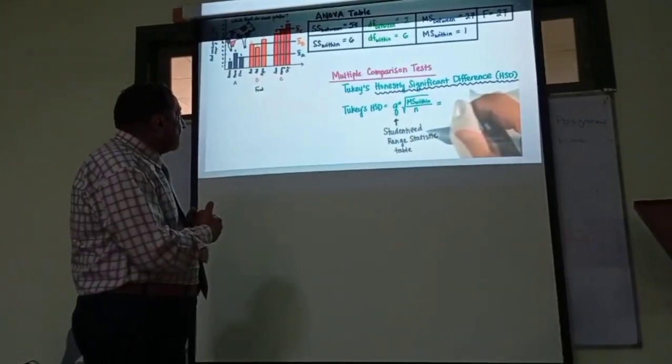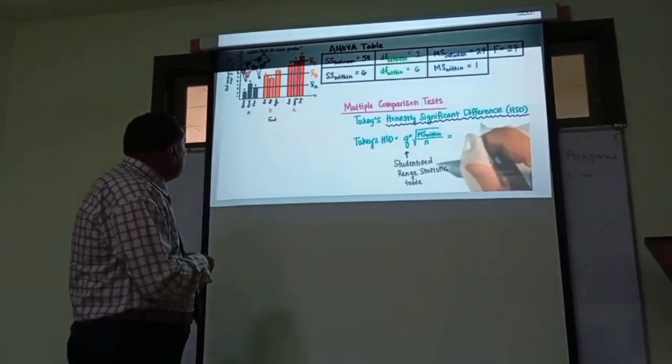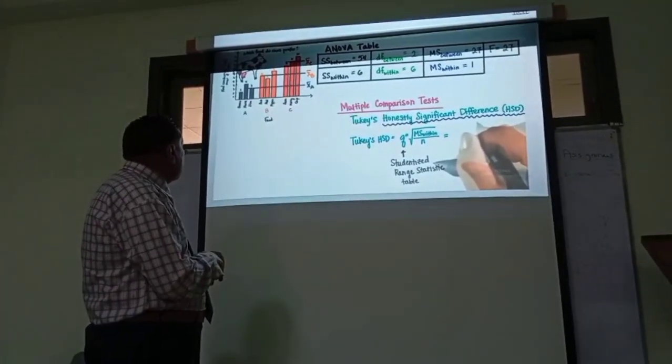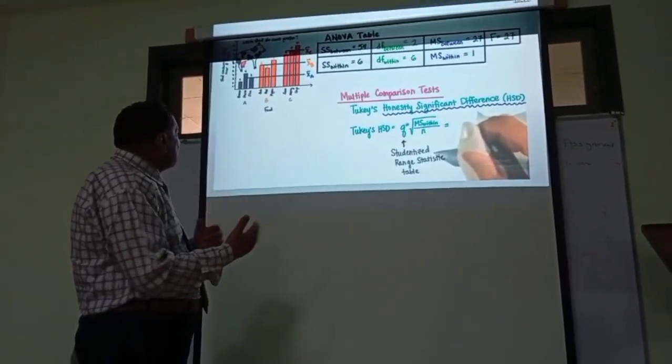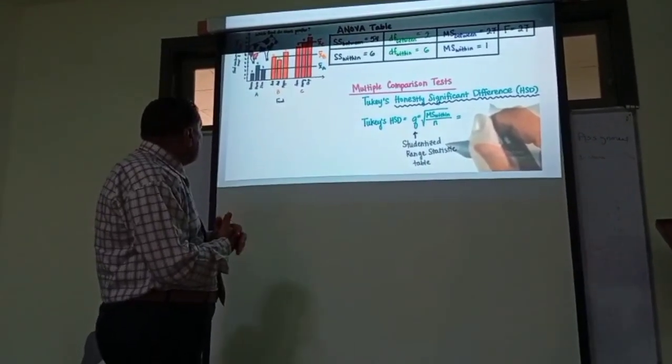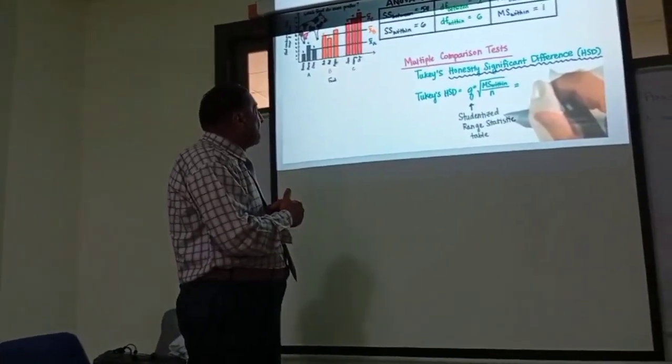So this is how Tukey's test is applied. Which food do cows prefer? It is compared between different cows, A, B, C, and they have compared these groups.